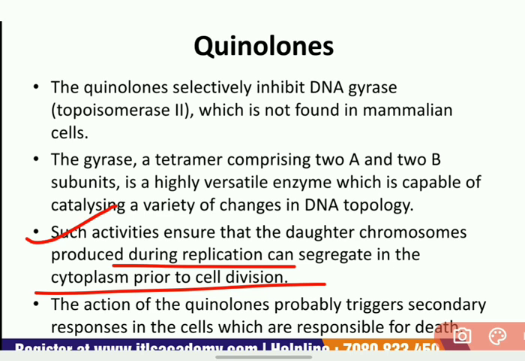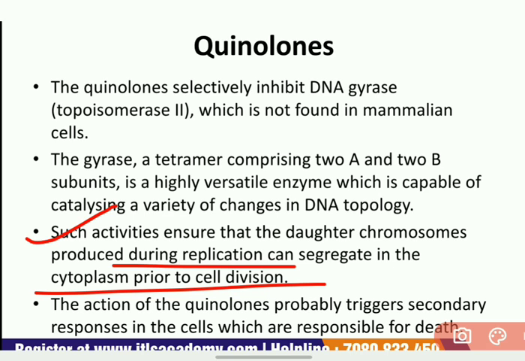The gyrase binds to the chromosome at a point where two separate double-stranded regions cross. This can be at a supercoiled region, a knotted, or a linked or catenated region.